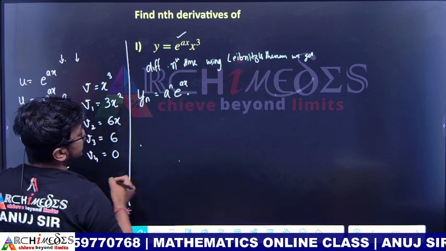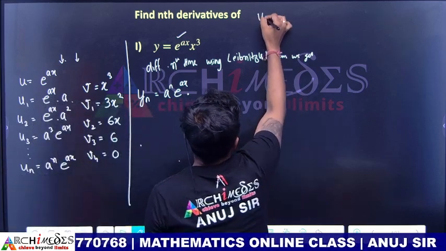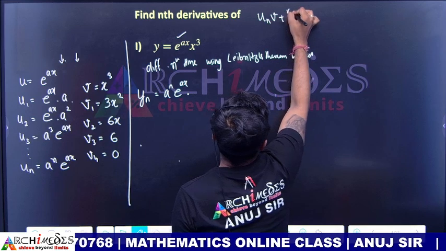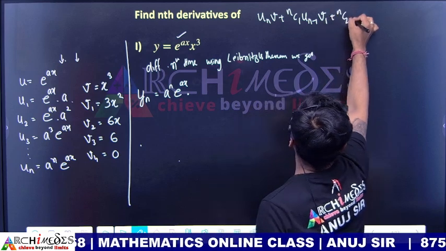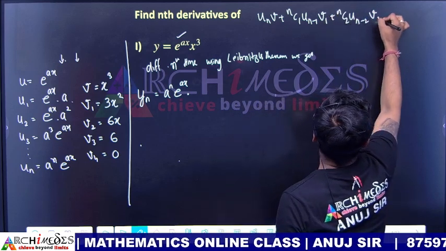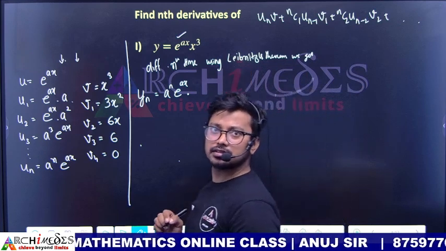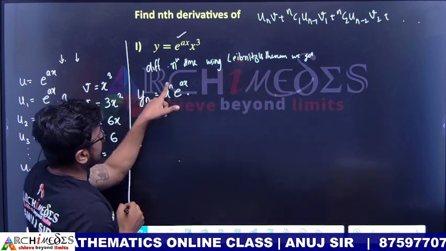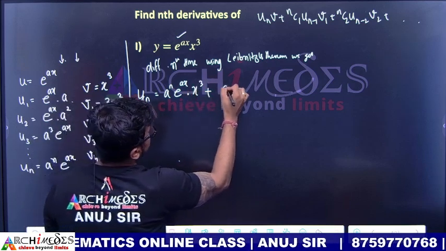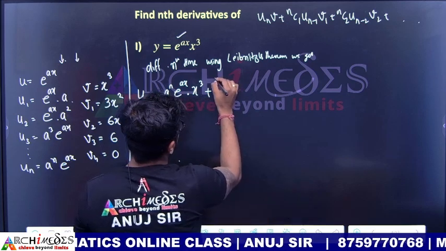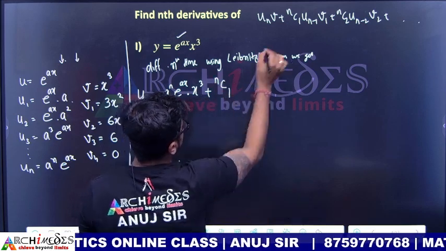Then v. I'm writing the formula here: un v plus nC1 un minus 1 v1 plus nC2 un minus 2 v2, and so on. Putting the un value, a to the n e to the ax. So what is v? v is x cube only. Plus, what is the next part? The next part is nC1 un minus 1.